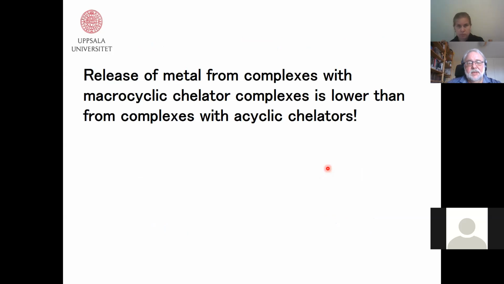What is interesting is that release of metal from complexes with macrocyclic chelators indeed is lower than from complexes with acyclic chelators. Bingo.